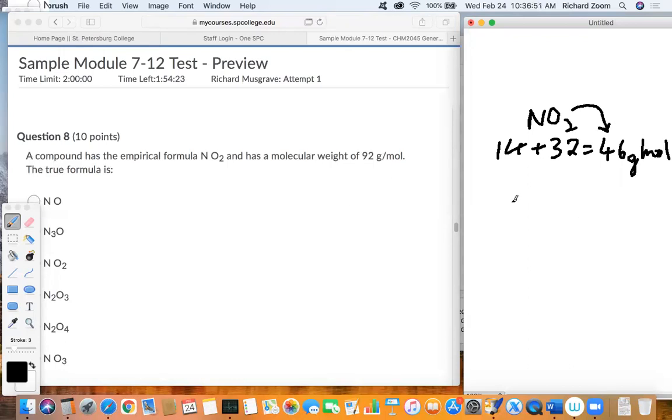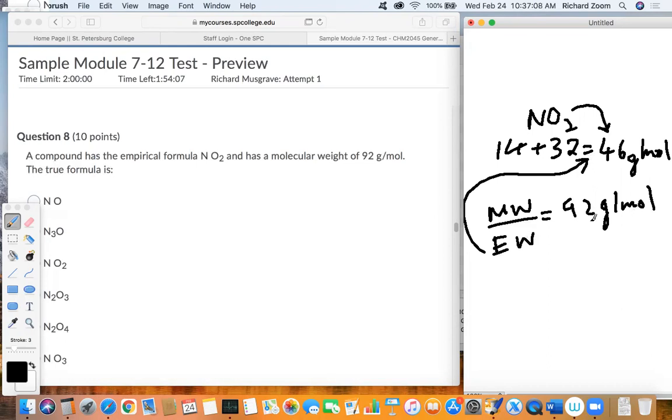The molecular weight is 92. So the molecular weight divided by what I'm calling the empirical weight is going to be 92 divided by 46, which comes out to be 2.